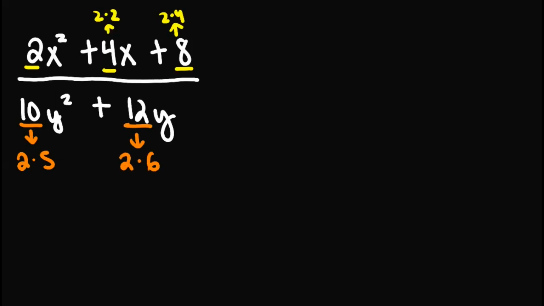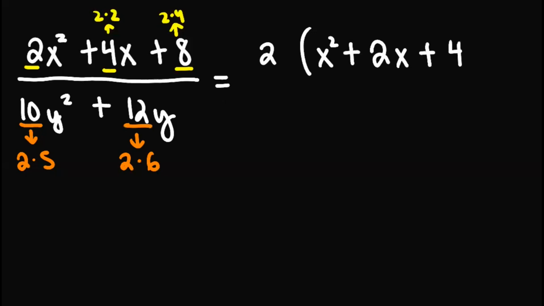and 12 can be written as 2 times 6. So we can write this one as 2 times x squared plus 2x plus 4 over the denominator.